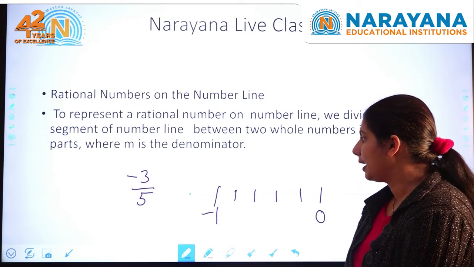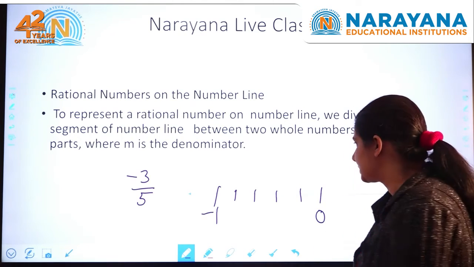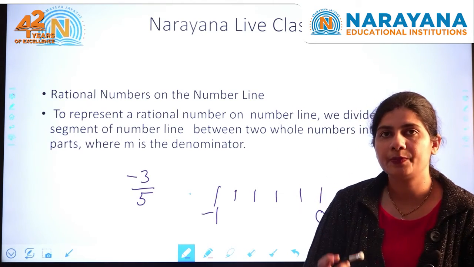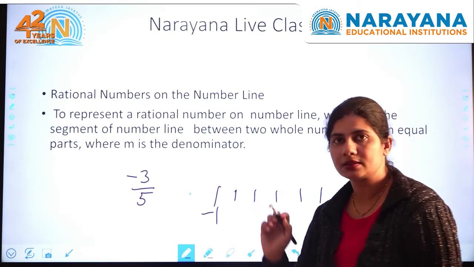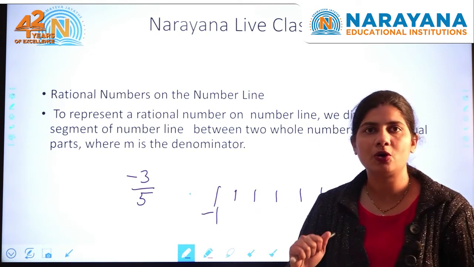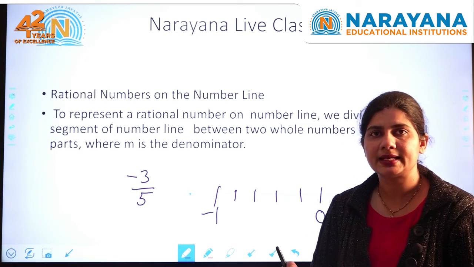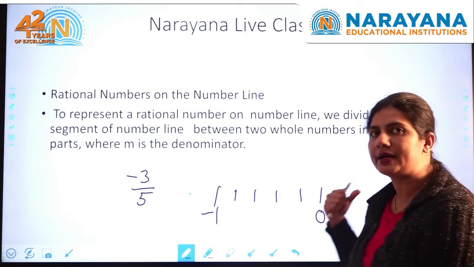Now I need to represent minus 3 by 5. So we'll start from 0, third part. The minus sign is telling us that we have to go to the left hand side, and a positive sign is telling us that we have to move to the right hand side.